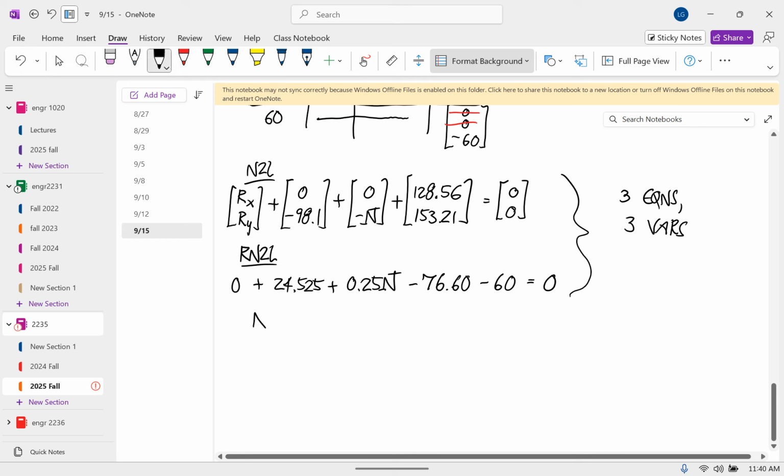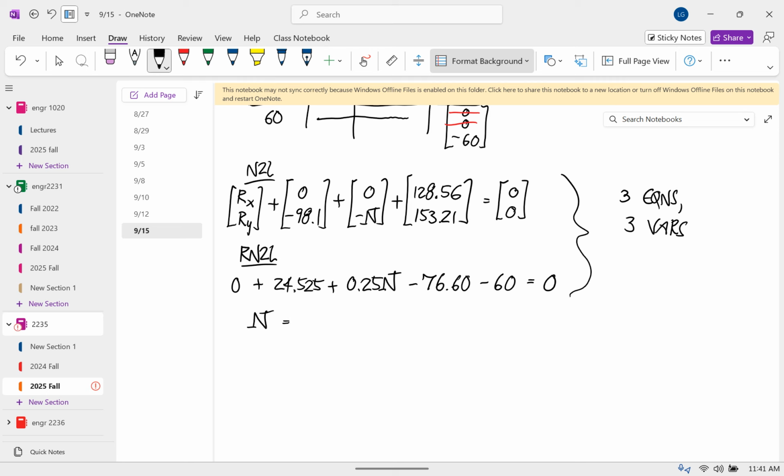Let's see. So Rx is pretty obvious. So n is, so we have 76. So for n, I got 448.30.